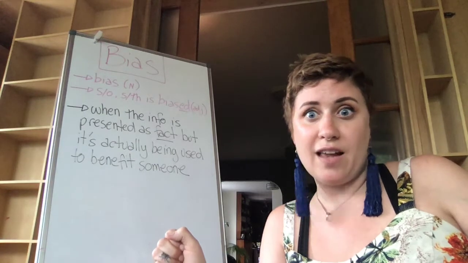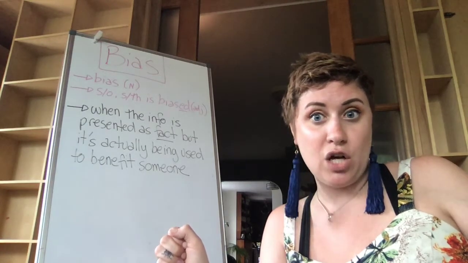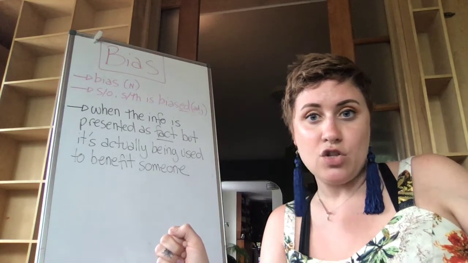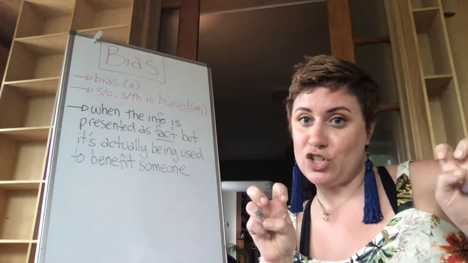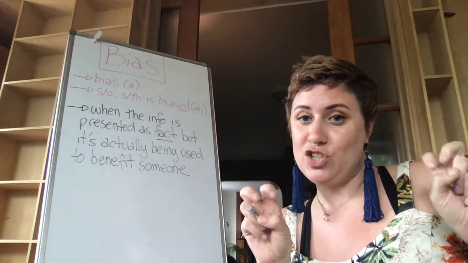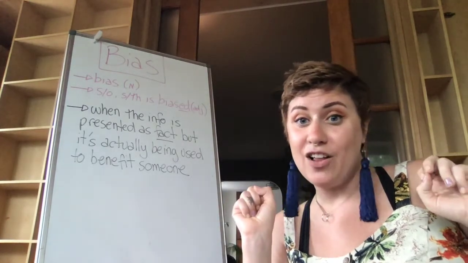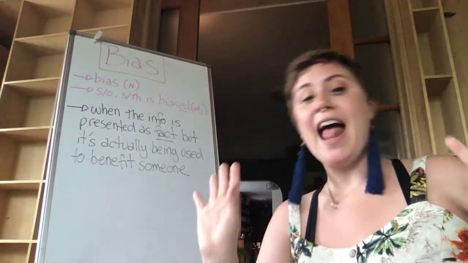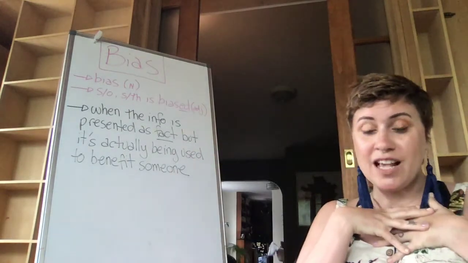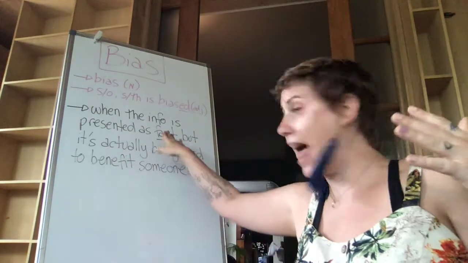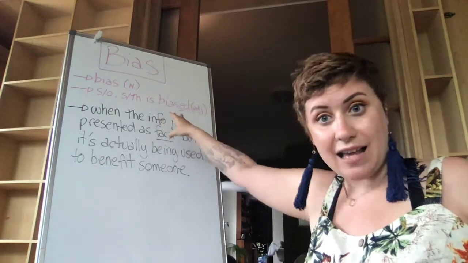And so that research company says, oh, okay. So then they do some research and they have some results, and the results say chocolate's good for your health, and they publish it and they get $1 million. That is not fact. That is biased.